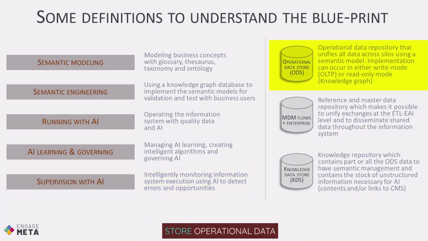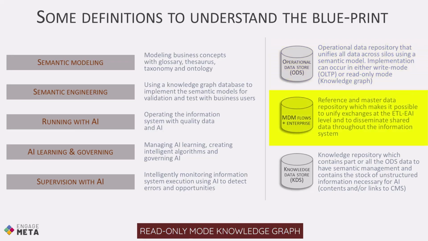Operational data store: operational data repository that unifies all data across silos using a semantic model. Implementation can occur in either write mode, OLTP, or read-only mode, knowledge graph. MDM for data flows and enterprise: reference and master data repository, which makes it possible to unify exchanges at the ETL EAI level and to disseminate shared data throughout the information system.